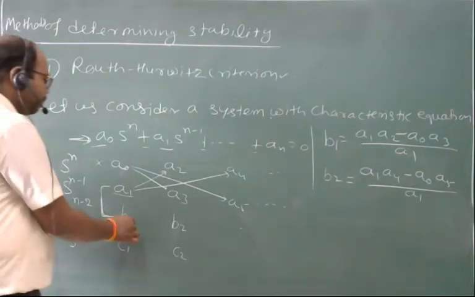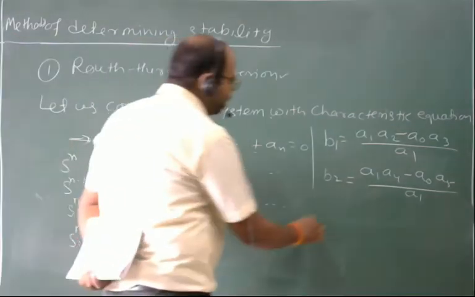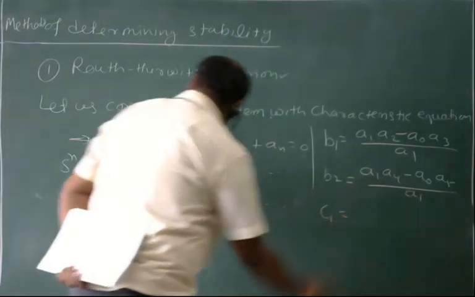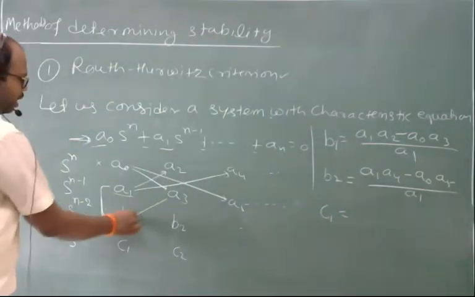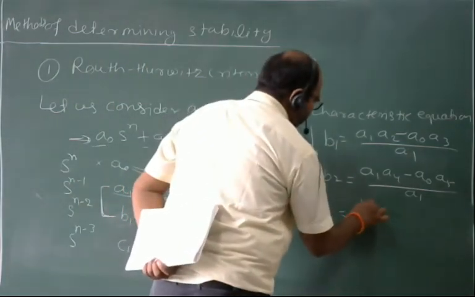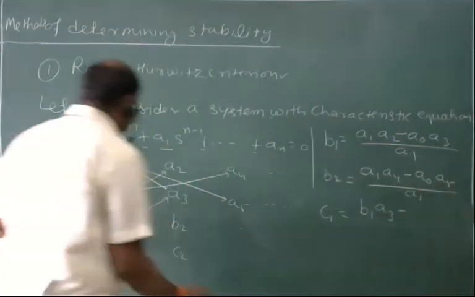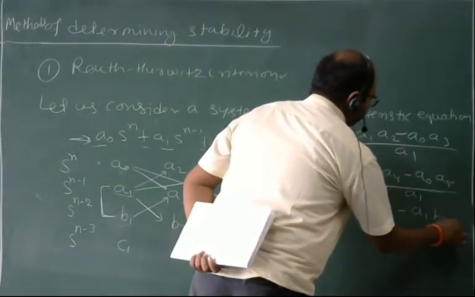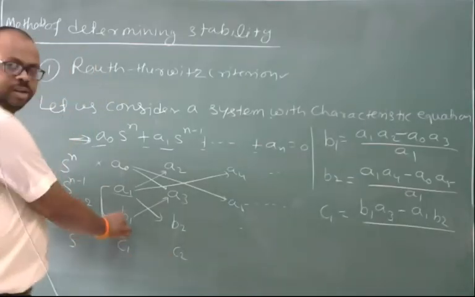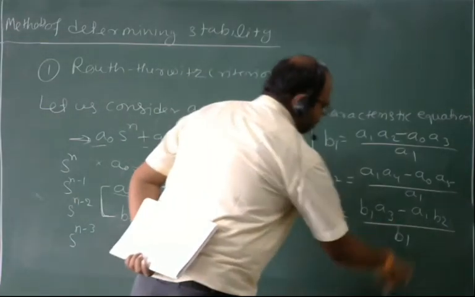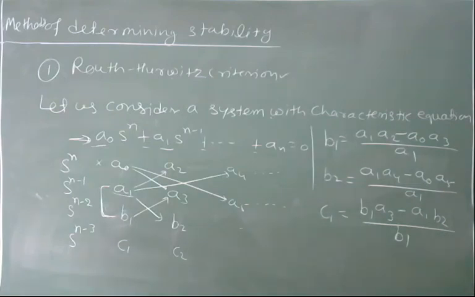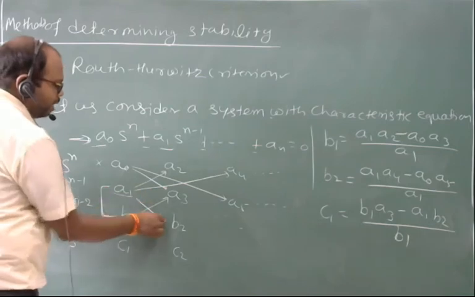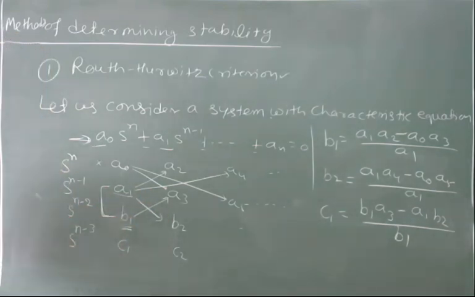Then what will be here? c1 will be b1 a3 minus a1 b2 divided by b1.